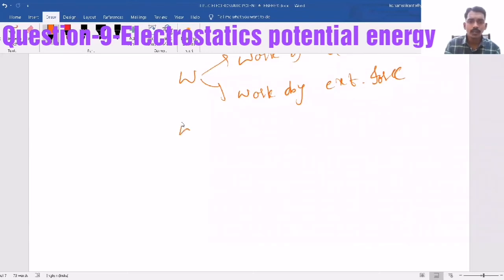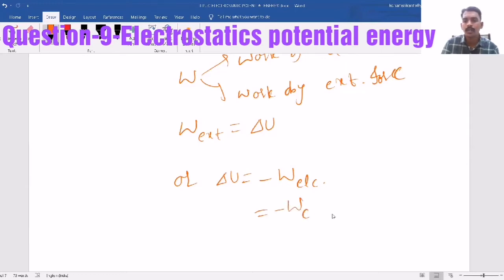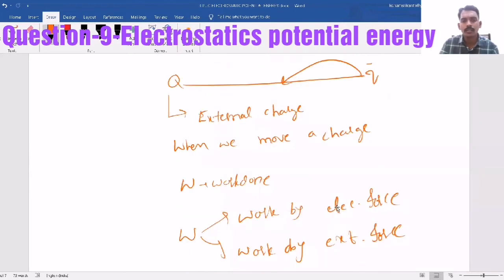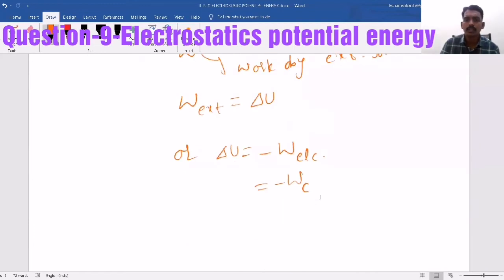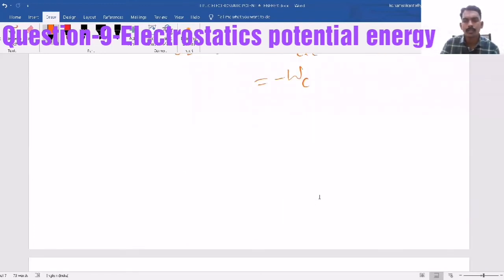Now, work done by external force is equal to change in potential energy, or change in potential energy is also equal to negative of work done by electric force. That is nothing but negative of work done by conservative force. This is the concept of relation between work done and change in potential energy. Always try to remember.